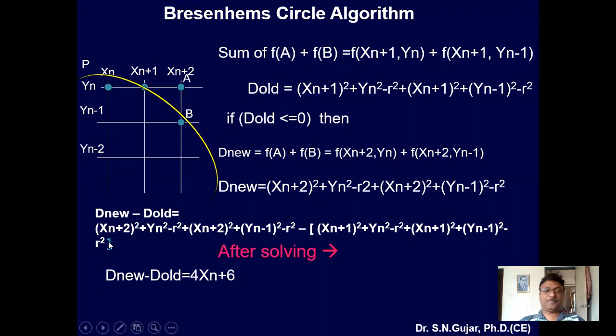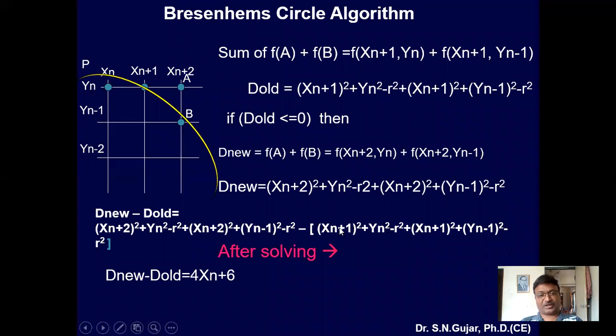Xn plus 2 whole square means xn square plus 4xn plus 4. Is it correct? No. You have to do this: xn square plus 2xn plus 4 plus yn square minus r square, plus again xn square plus 2xn plus 4 plus yn square minus 2yn plus 1 minus r square.